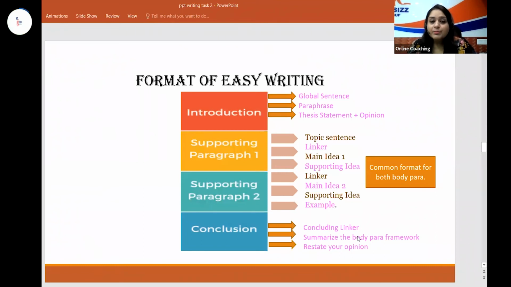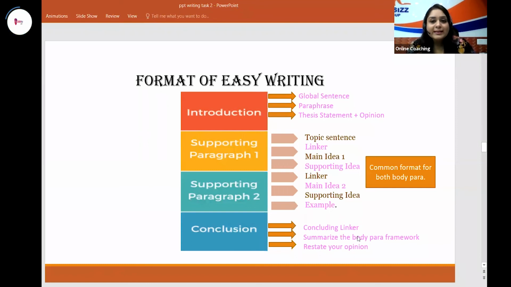Do not write your ideas in the form of bullet points. It is not allowed. You have to frame your ideas. So let's look at the format. It is very, very important. Trust me, if you're following this format, you'll be getting good bands, because the organization is as simple as the examiner demands. So in the introduction, you have to write a global sentence.